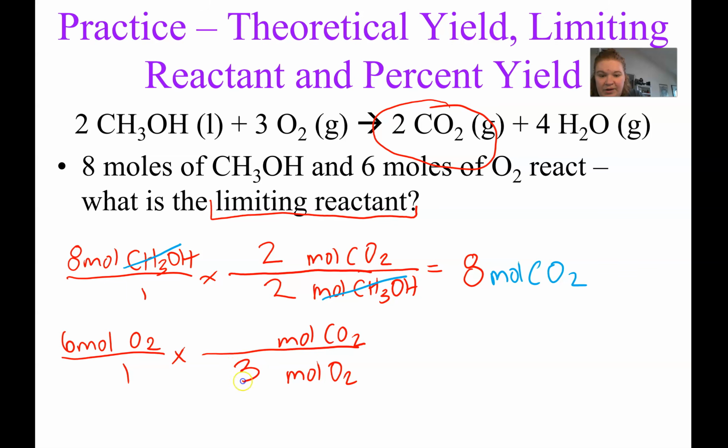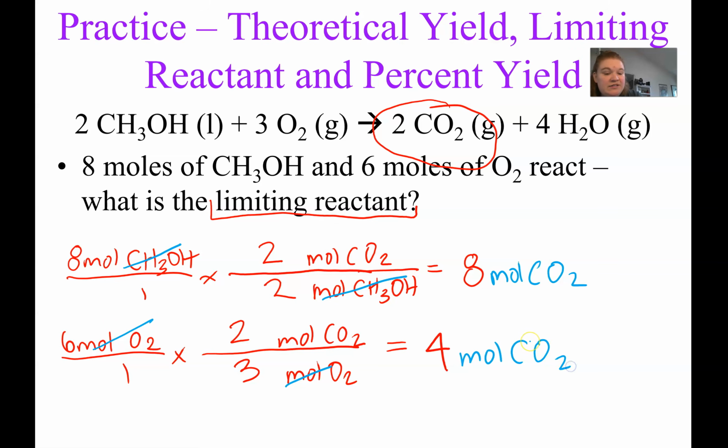So I'm going to have a 3 on the bottom and a 2 on the top. So we're going to put in our calculator 6 times 2 divided by 3, and we get 4. And we go back and we check our units. Moles of O2 cancel, and we're left with moles of CO2.